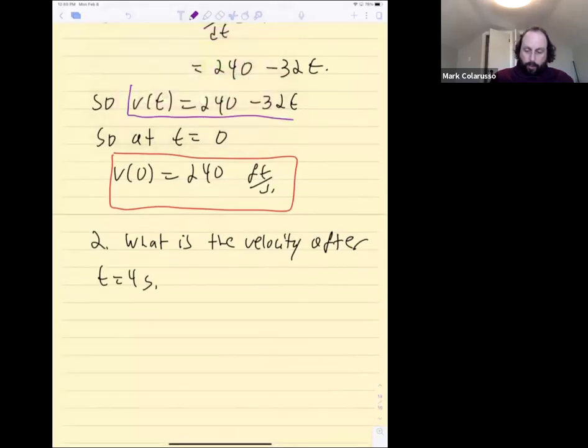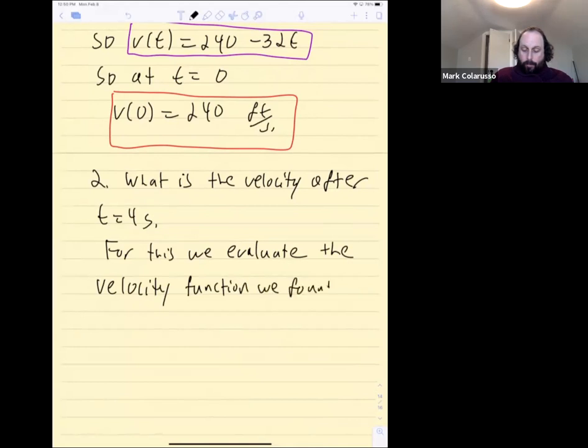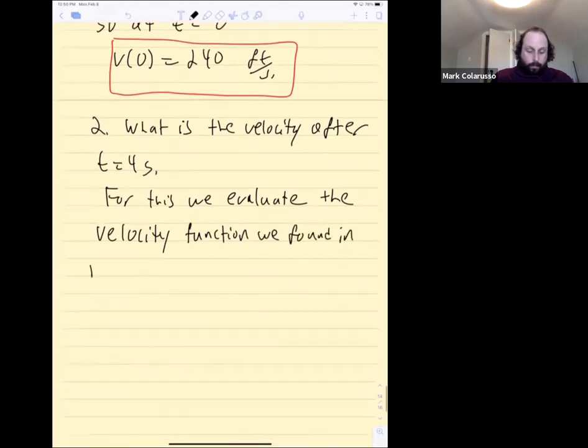We found it in the first part. So for this, we evaluate the velocity function we found in part 1 at t equals 4.